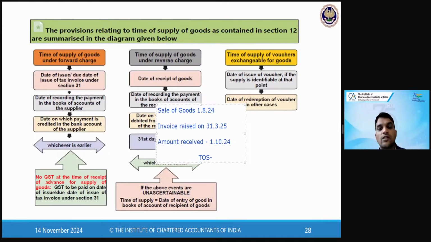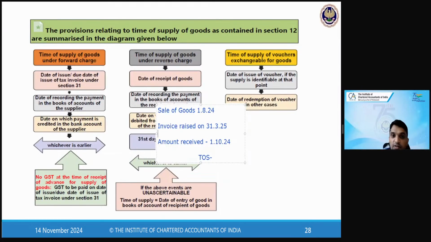Correct. So it is on 1st of August, because in case of sale of goods, you have to raise the invoice before selling the goods, which is by 1st August, you should have raised it. Now you have not raised on 1st August, but the invoice is raised on 31st March. So will we go back to 31st March and say that is the time of supply? No. Our time of supply will be when the invoice is issued or by the due date when it has to be issued.